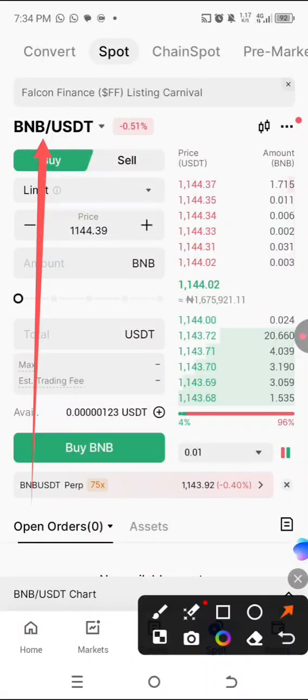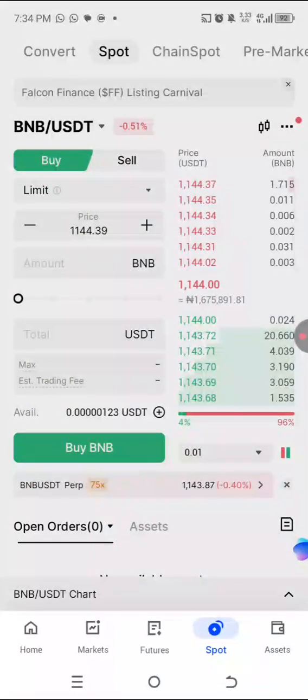For information, USDT is the US dollar equivalent on digital asset. In cryptocurrency, USDT represents the US dollar, and it's also at par with the US dollar. So when you use USDT to buy, you now have BNB.